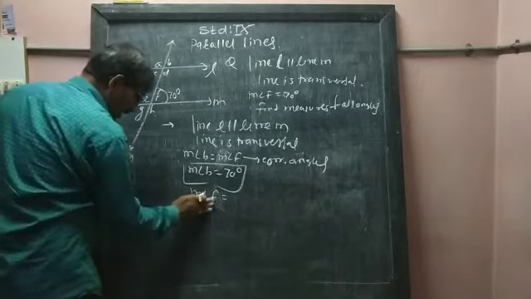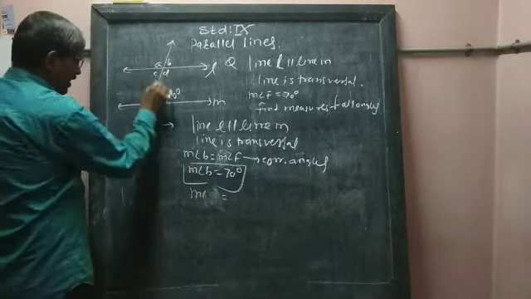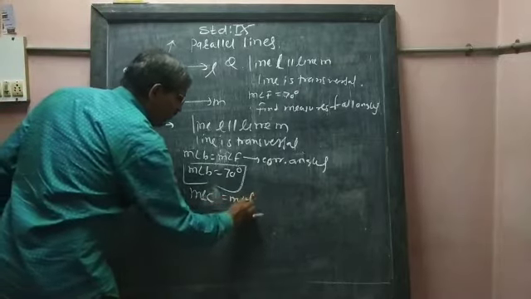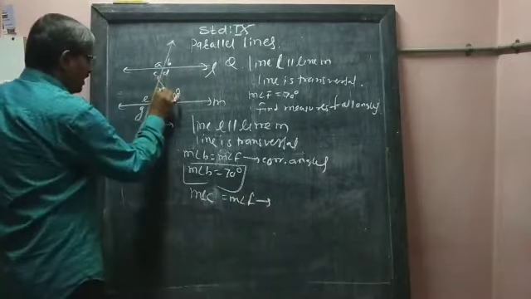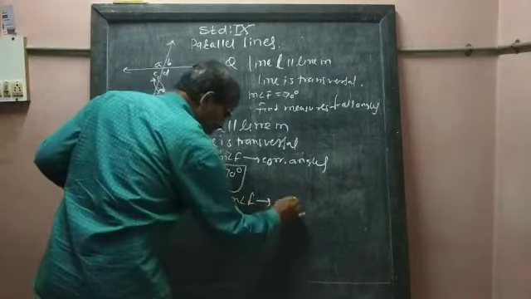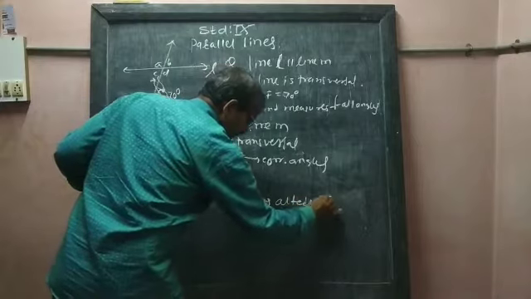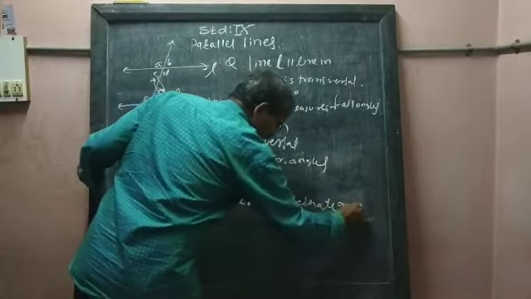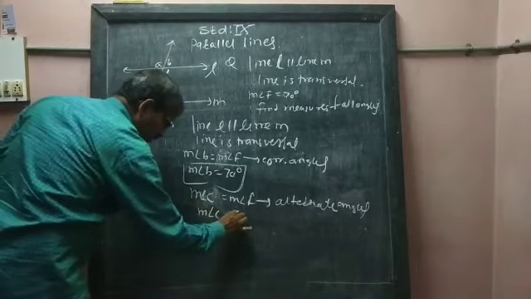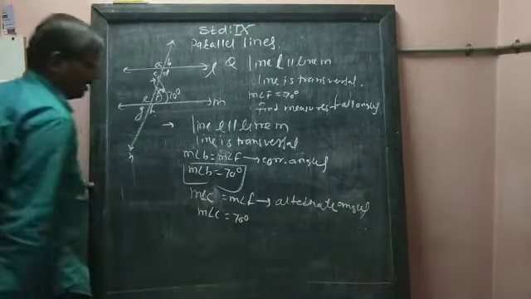Now come here. Measure of angle F. We will take alternate angles. Measure of angle C and F. Measure of angle C is equal to measure of angle F. Which angles are these? These are alternate angles. So I am going to write here alternate angles. So measure of angle C is also 70 degrees. Understand?